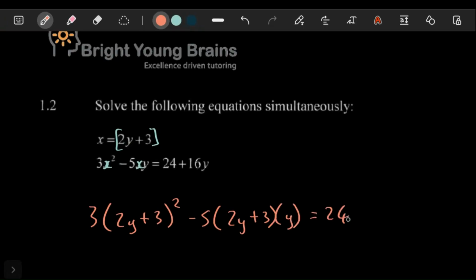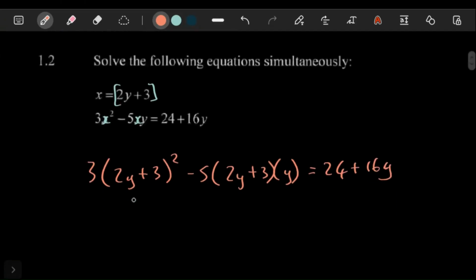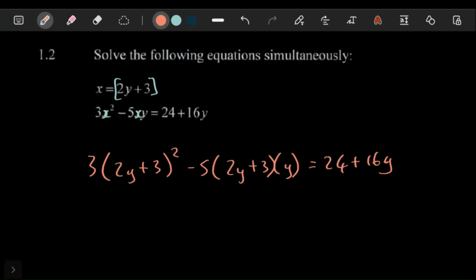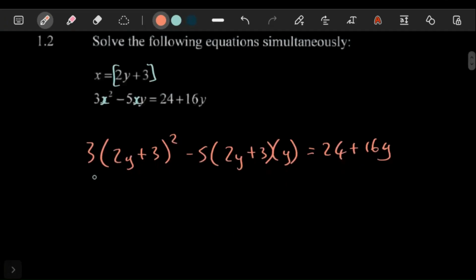This is equal to 24, 16y. You see. So here you can just keep in mind, be careful, don't make silly mistakes. Here you're going to have two brackets that look the same. So this is going to be 2y plus 3, 2y plus 3, and then this is negative 5 times the y there.